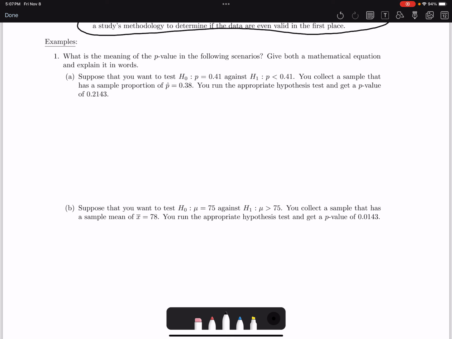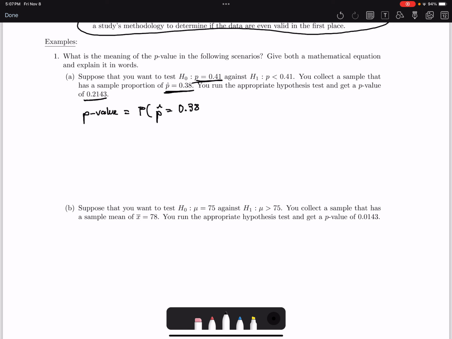Okay, so if we get a p-value of 0.2143, this is the probability of us obtaining this sample statistic if we assume that the null hypothesis is true. In math symbols, we might say this, okay? The p-value is the probability that we would obtain a sample proportion, p hat, of 0.38, or something more extreme than that, okay?